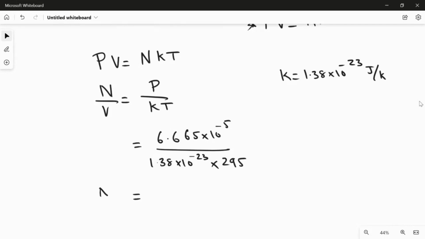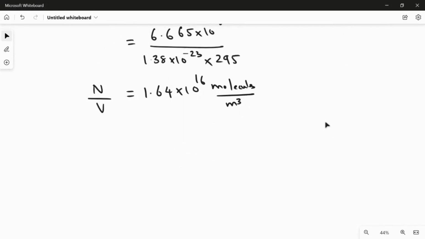I got the answer for N over V as 1.64 multiplied by 10 to the power 16 molecules per meter cube.